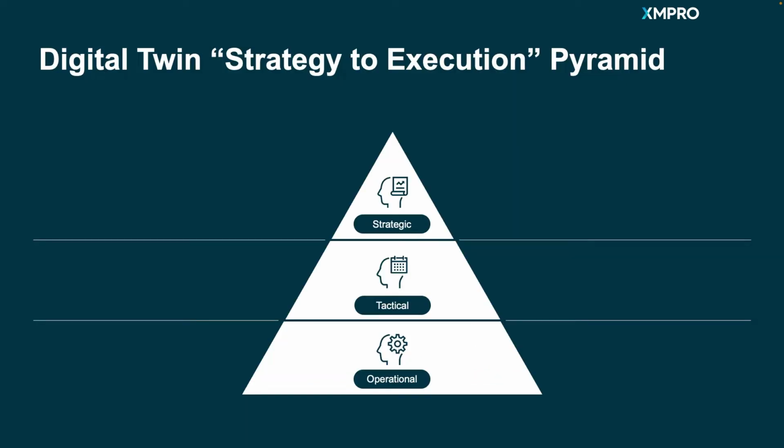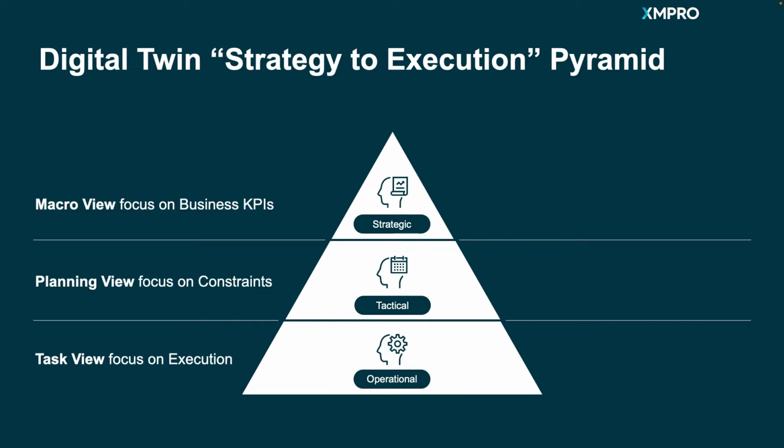So at a strategic level, the digital twin provides a macro view on business metrics. It differs from kind of loose standing dashboard KPIs that we quite often see, because it's a more integrated view that you can only achieve if you look at it from a model-driven approach, if you look at your business from a model-driven approach.